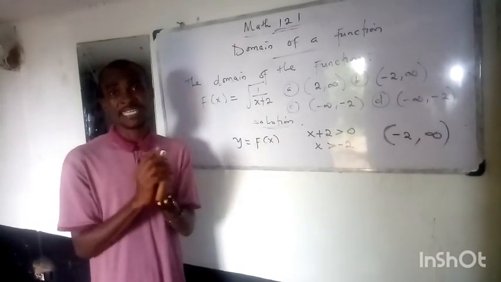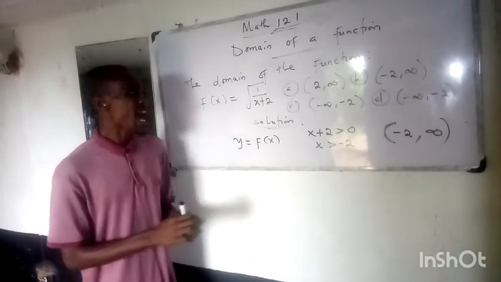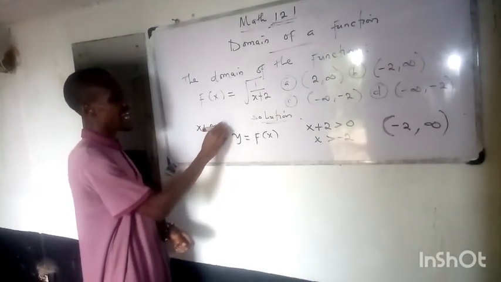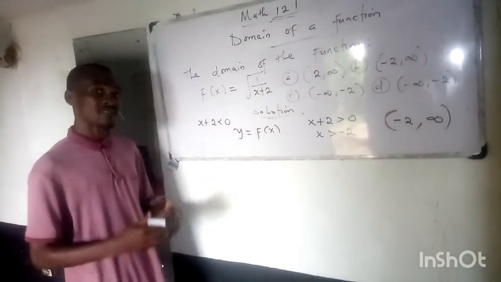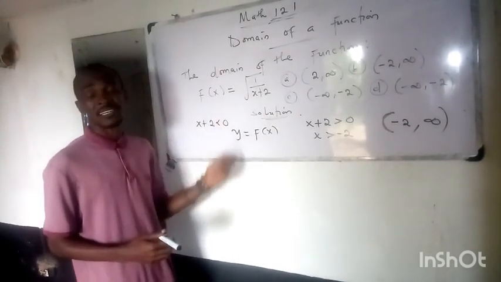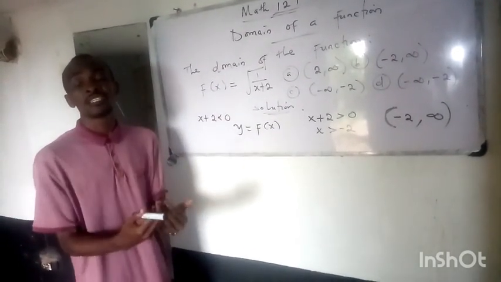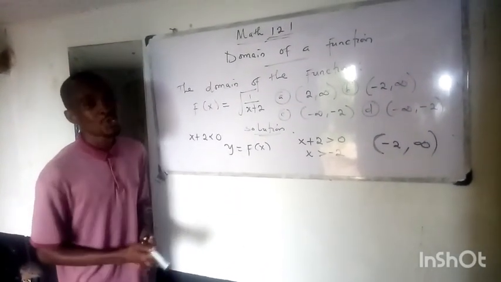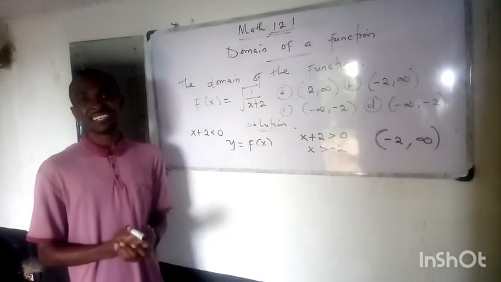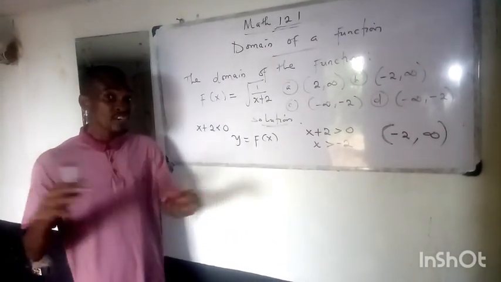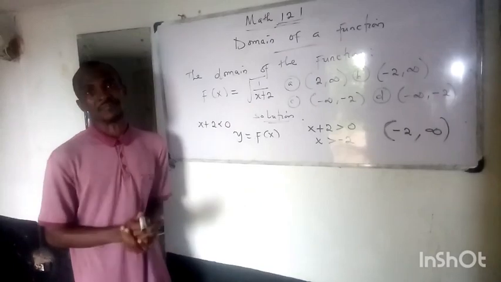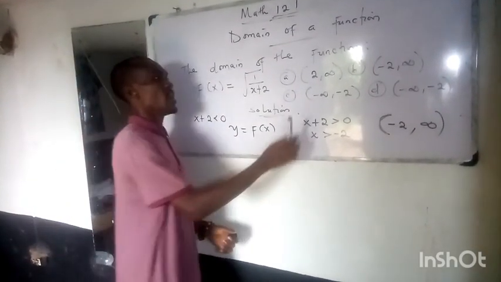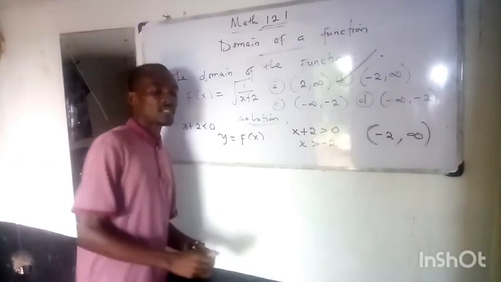So I cannot say that x plus 2 is less than 0. If I say the denominator x plus 2 is less than 0, that means I am going into the domain of negative numbers, and there is definitely no root for a negative number within the real number set. So the correct answer for this is definitely answer B.